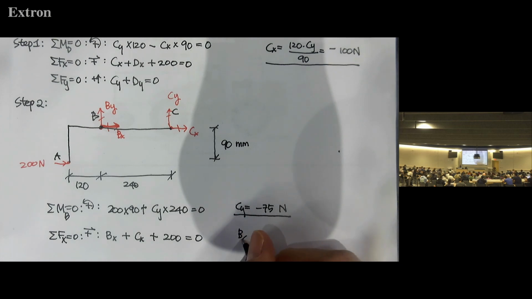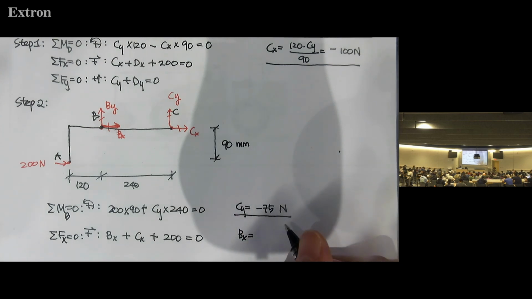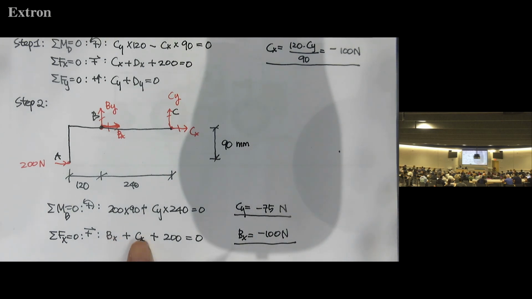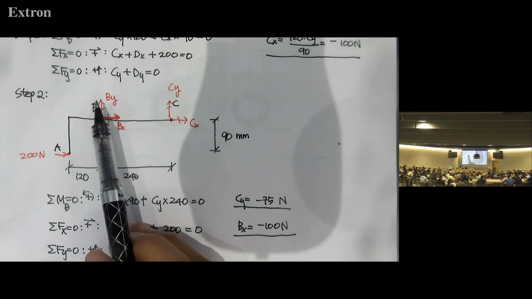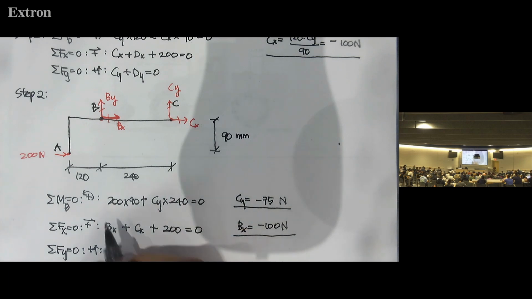So Bx is also minus 100. Minus 100, 200, 0, right? And then the last equation, Fy, if upward is positive, we have By and Cy, that's all.